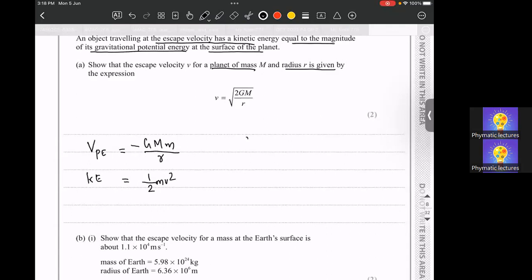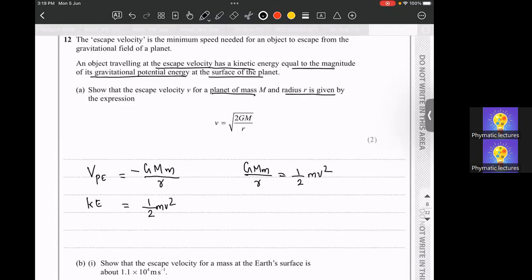So what should we do? We equate the gravitational potential energy of this object to the kinetic energy of that object, because they are actually equal according to the question. From both sides we can cancel m, and our aim is to make v the subject.